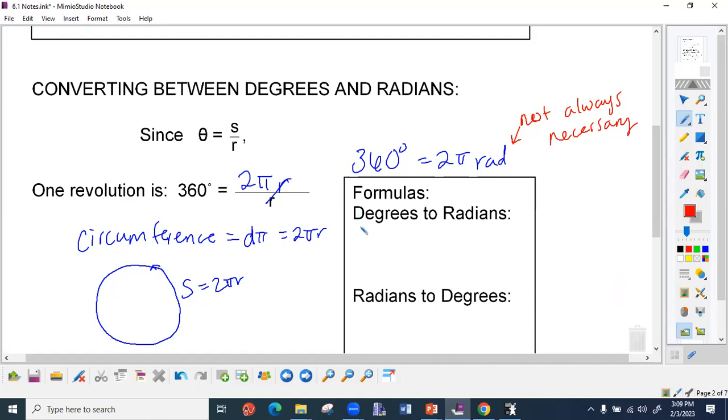So if I'm going from degrees to radians, how do I go from a degree to a radian? I'm going to take that degree measure, whatever the degree is, and multiply by pi over 180 degrees. Okay? And I want to make sure that I leave it in terms of pi.